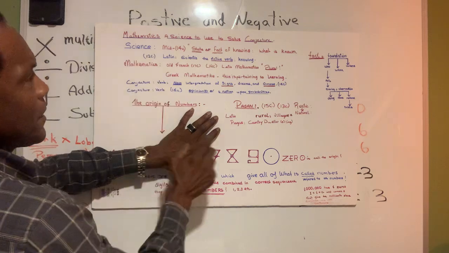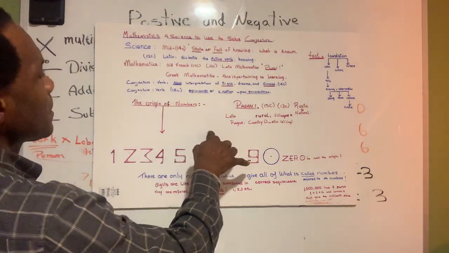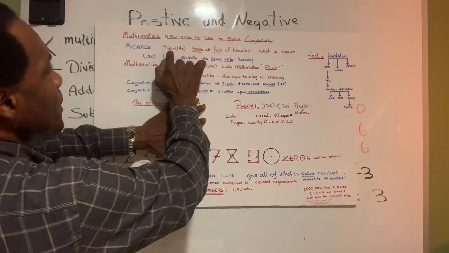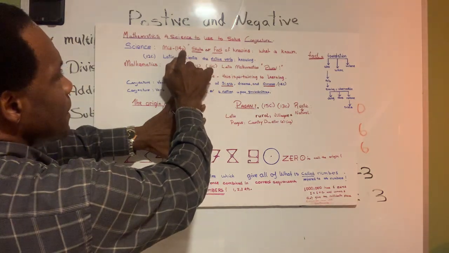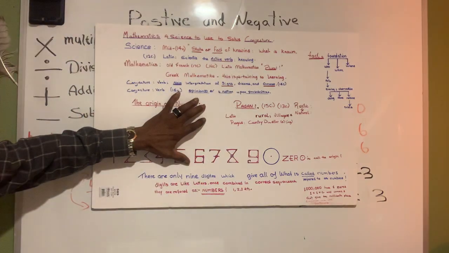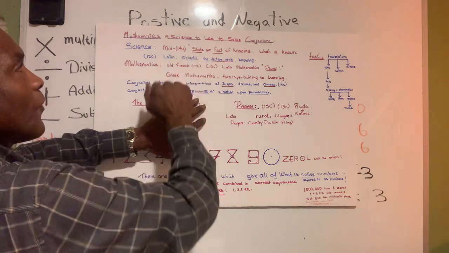The word science is actually first known in the 1400s. You see that 14 and the C? Around the 14th century. The C stands for century, so you call it around the 14th.